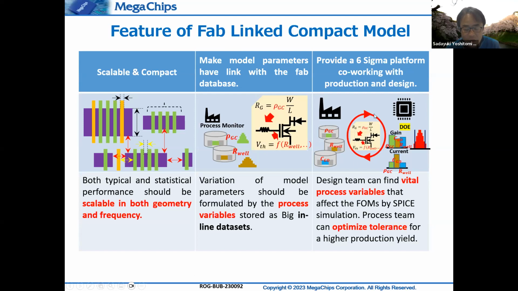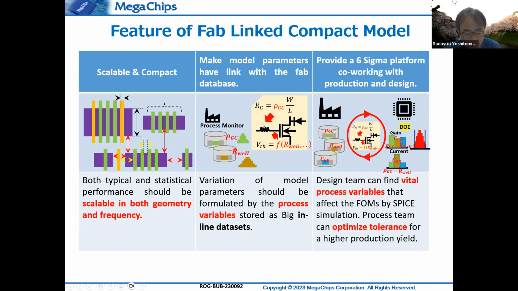This is the concept of the fab-linked model which we want to develop in our development scheme. In this sense, what is asked of the PDK team is to develop the model which should have variables such as device geometry, of course, and the items stored in the big data in the factory database.